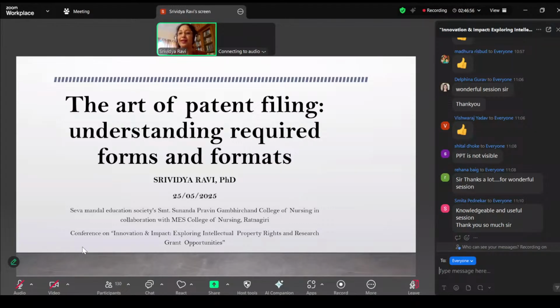The only reason being there are quite a number of forms and formats, so I didn't want to crowd all of it inside a presentation. That is the reason there will be multiple documents plus the case study. Of course, I want to show you a live patent, so what goes into a patent, what are the contents. So I'll be showing you something that has already been filed and put into public domain.